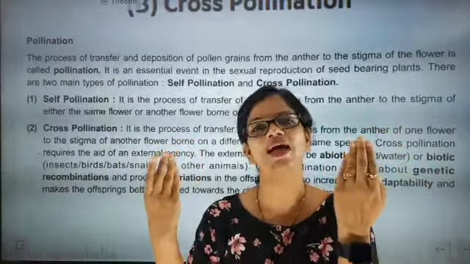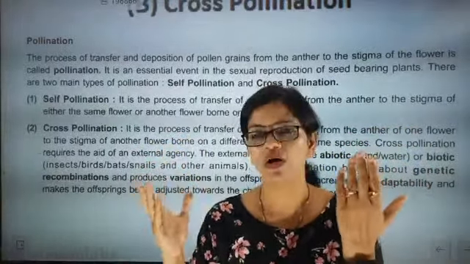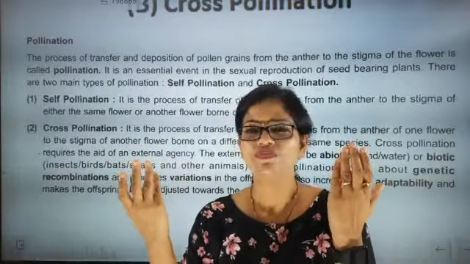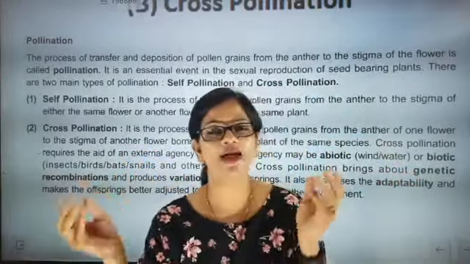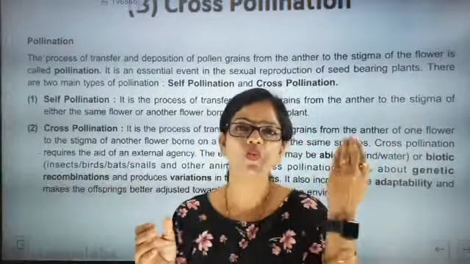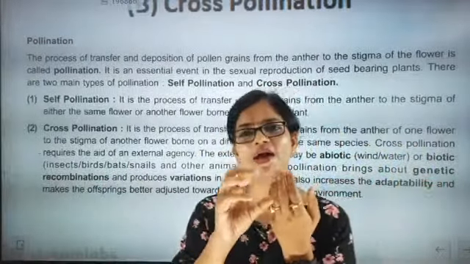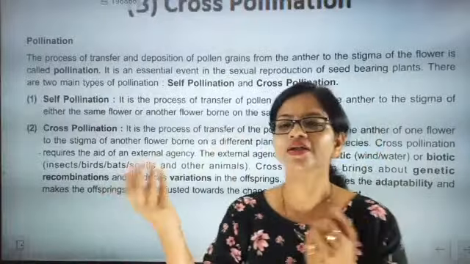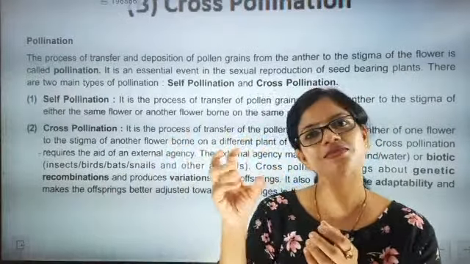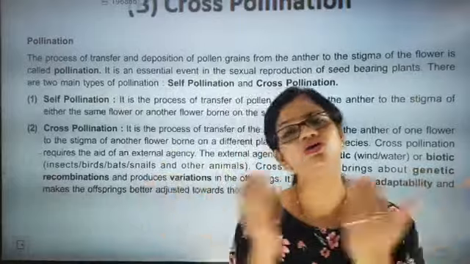Just take an example of mango. Plant A and plant B are both mango, and every summer the mango flowers come. One mango has very sweet fruits, and the other has a slightly bigger size, but they both belong to the same species.